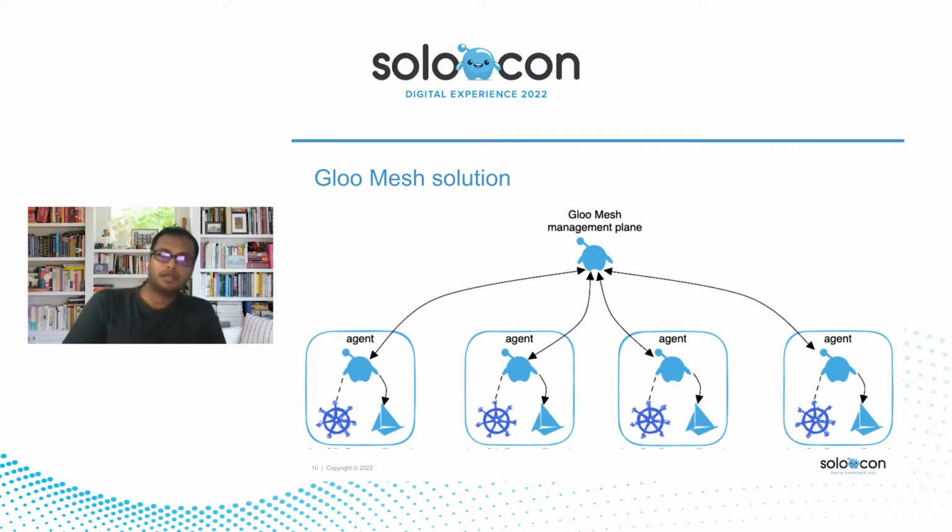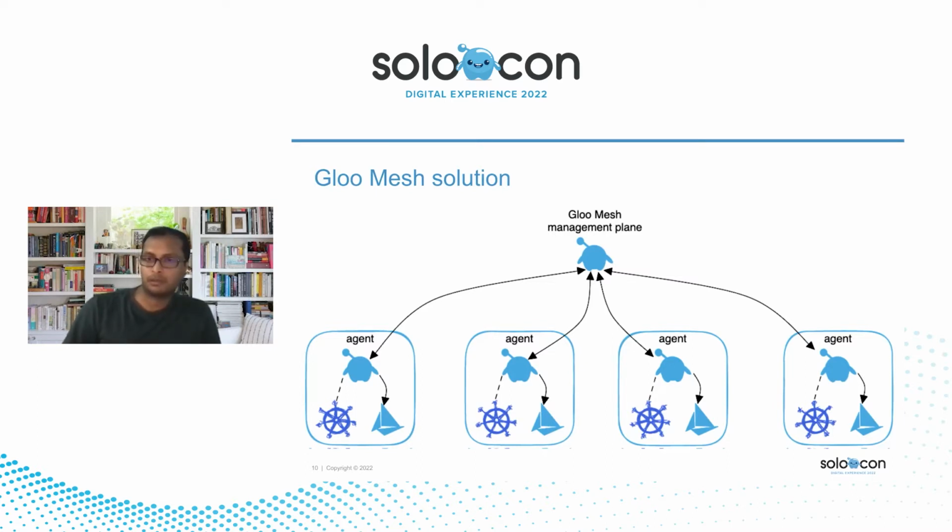So basically, all the agents are going to discover these objects from each of these clusters and send them to the management plane. The management plane is responsible for taking all of the runtime information for various clusters, combining it with the user information for the Gloo Mesh custom resources, and then creating Istio outputs from these inputs.